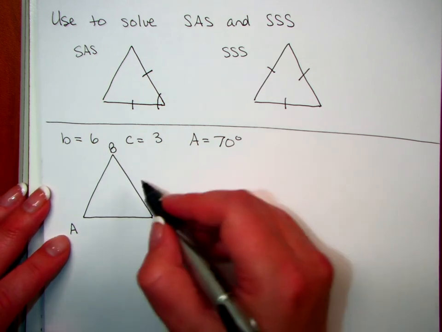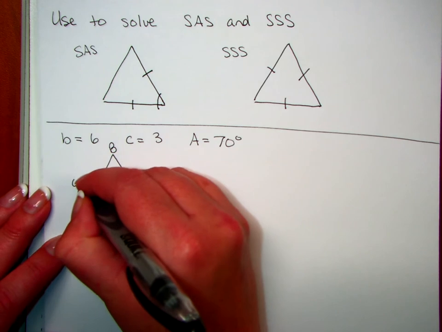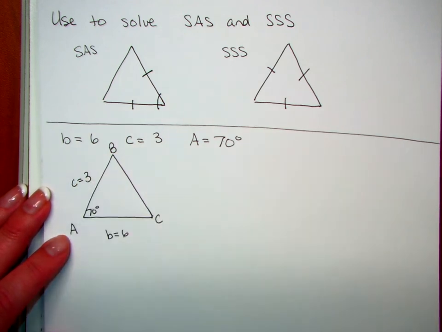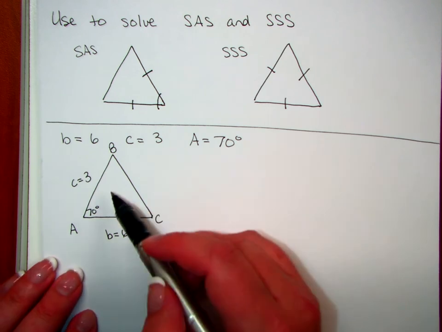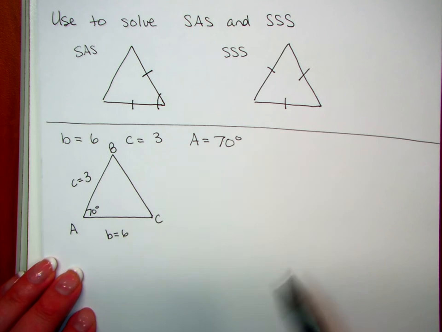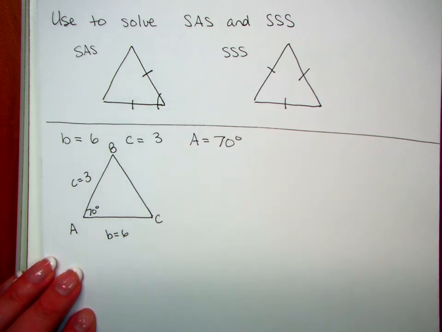So little b is 6, little c is 3, and angle A is 70 degrees. It is really obvious: the angle we know is nestled in between the two sides that we know. So we obviously have a side angle side triangle here to solve.